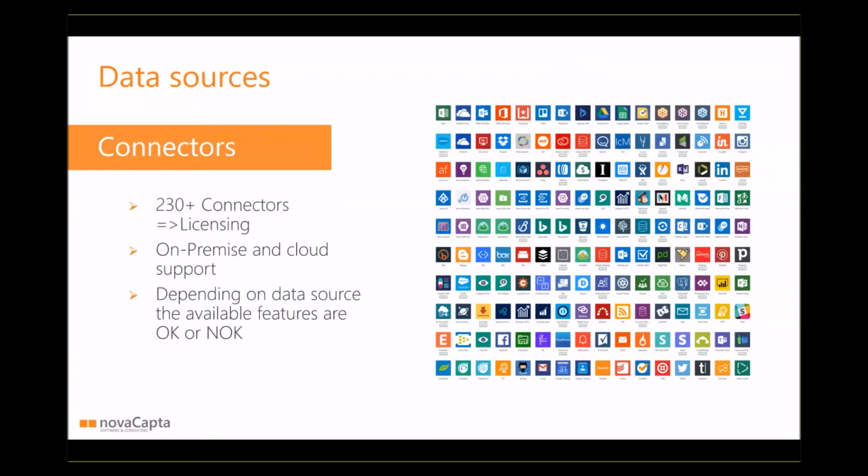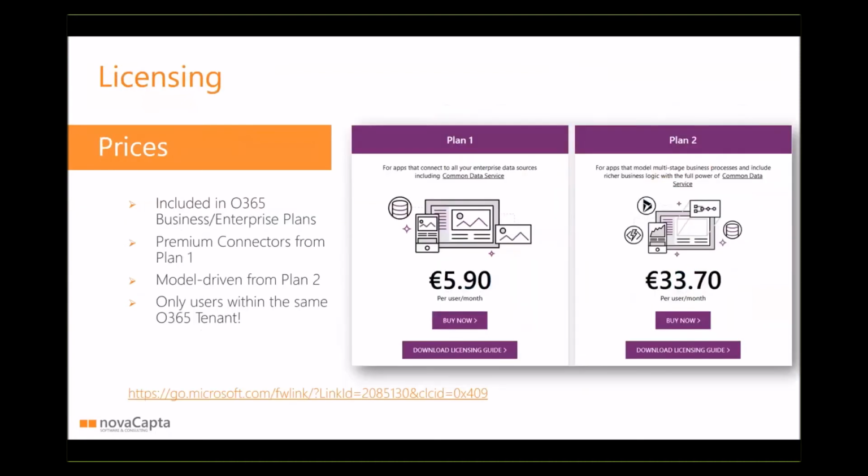And also the connectors are depending on the licenses you have. There are a lot of connectors you have out of the box in your enterprise and business license, but the good ones mostly are in a premium license, and that's what I'm going to show you right now.